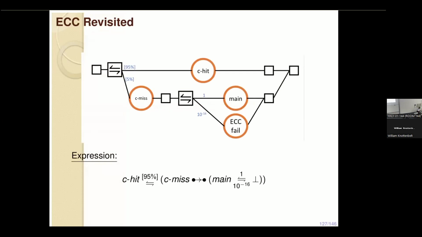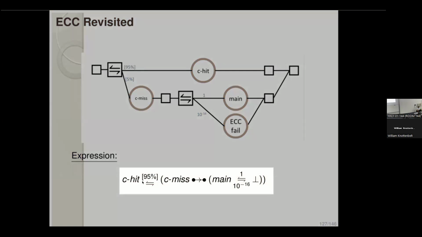Notice that there is no network involved. The only thing here is a lookup in the main which can fail. The expression for that is a probabilistic choice of 90% hit and 5% miss, followed by a lookup to the main, which itself can fail with the rate of 1 to the 10 to the power of 16.